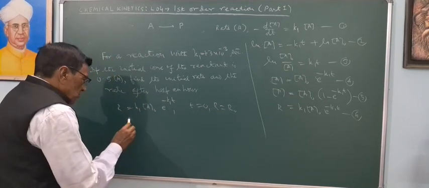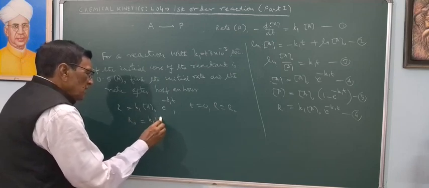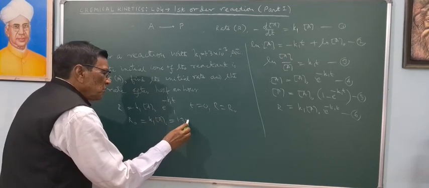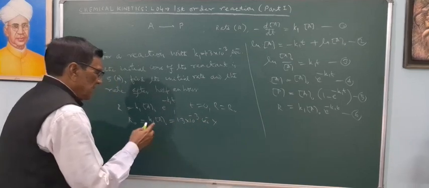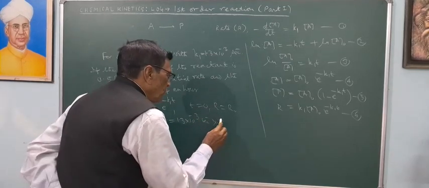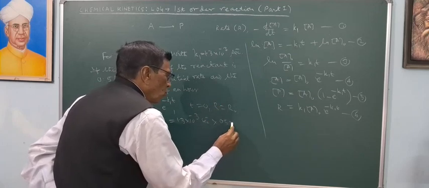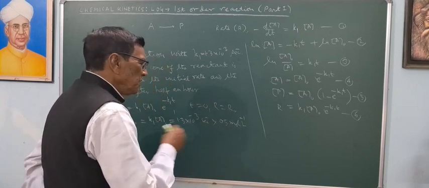So R0 equals K1 into concentration of A0, which is 1.3 into 10 to the power minus 3 second inverse and A0 is 0.5 mole liter inverse.